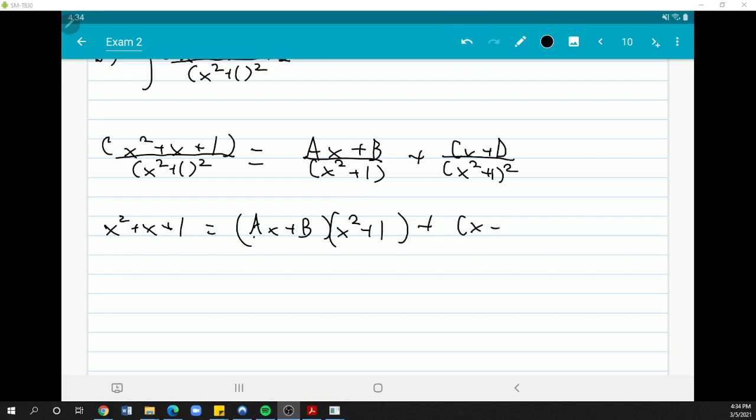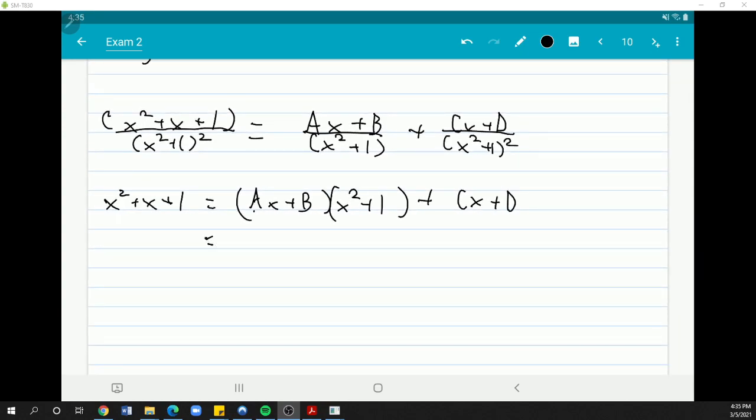So then you get plus cx plus d. So now this is 0x cubed plus x squared plus x plus 1 is equal to ax cubed plus bx squared plus ax plus b plus cx plus d.